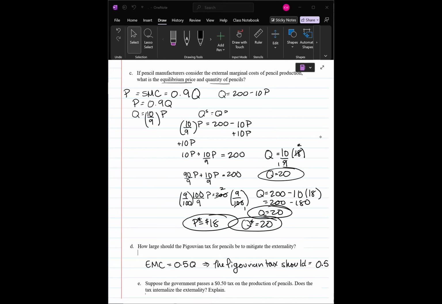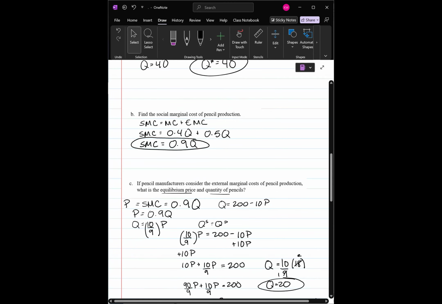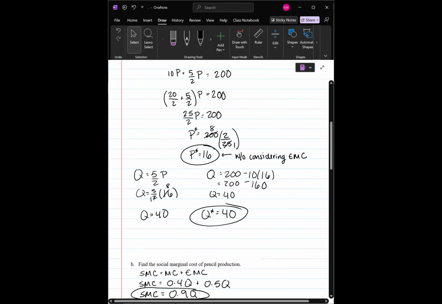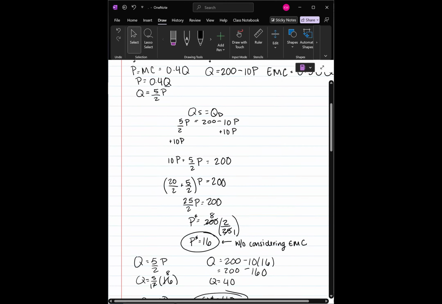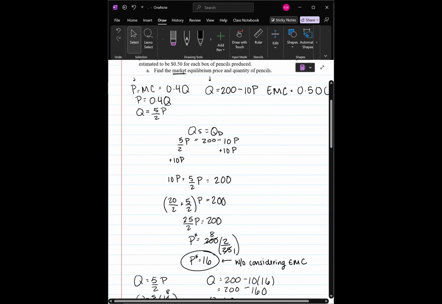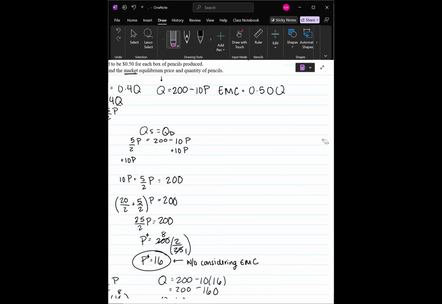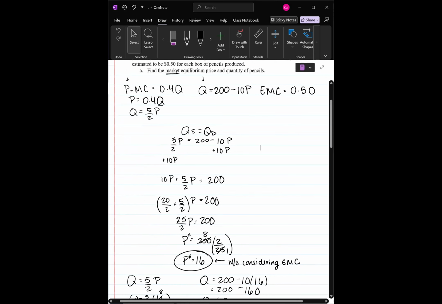I know what happened here. I actually miswrote our given. So once you get to this point, maybe go back and revise your notes. But our external marginal cost is not 50 cents times Q, it's just constant at 50 cents.